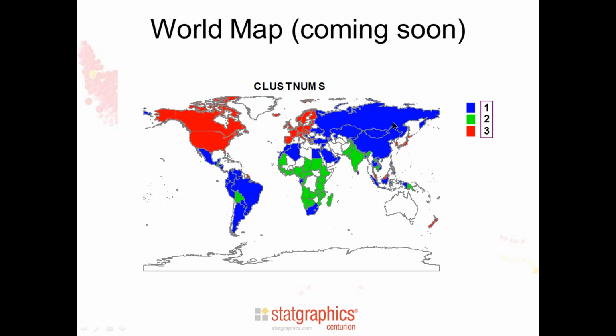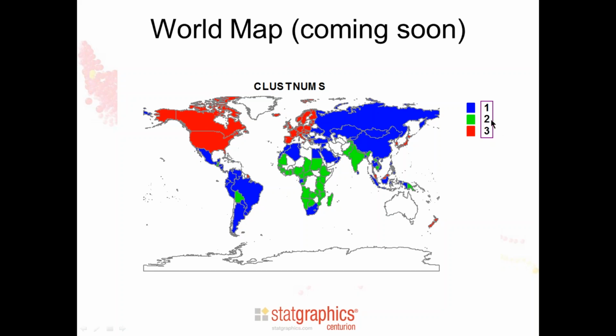The blue group was the one seeded by China, ended up containing the USSR, Russia, and so forth, some of the countries in North Africa, and most of the countries in South America.